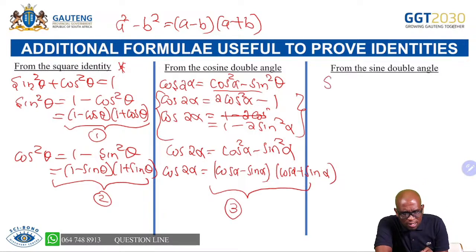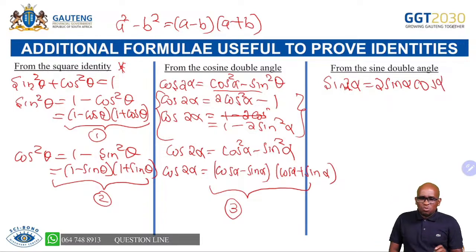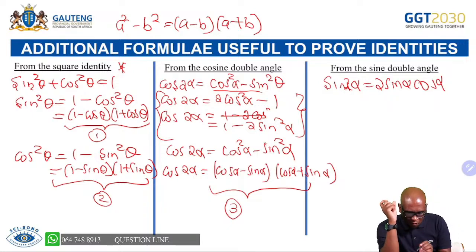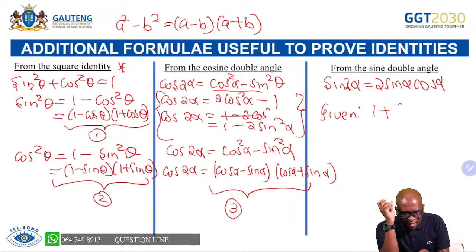Now, there is another one. If you look at the sine double angle, this is what I call the hidden 2 sine alpha cos alpha. This is what I call the hidden perfect square trinomial. With this one, I want you to check and notice in some of the problems on identities, you will be given 1 plus sine of double alpha.